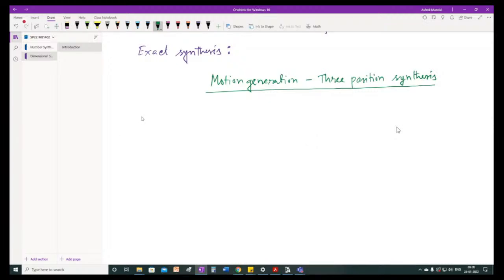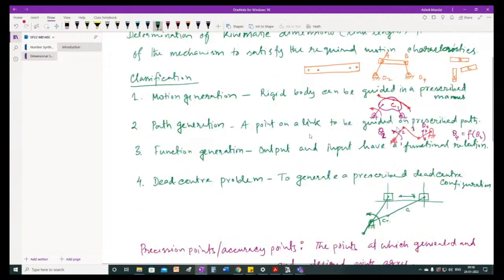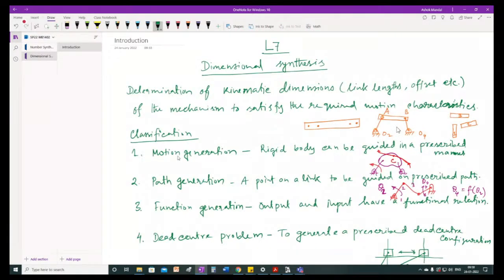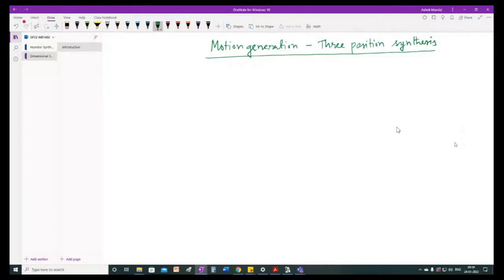So as I already discussed in the beginning, what is a motion generation problem? Suppose three positions of a coupler are given.